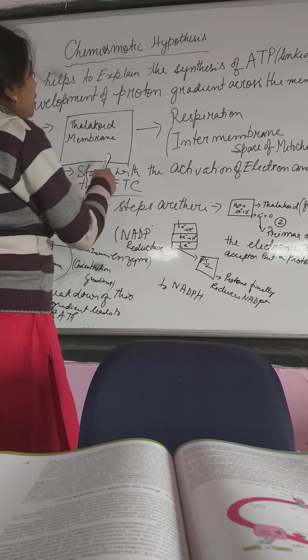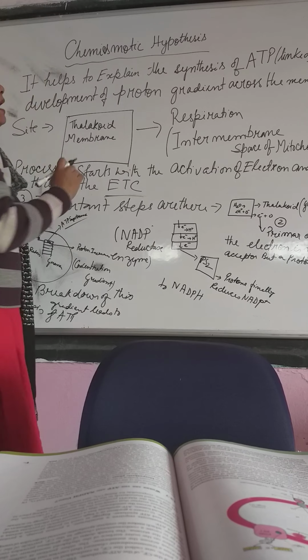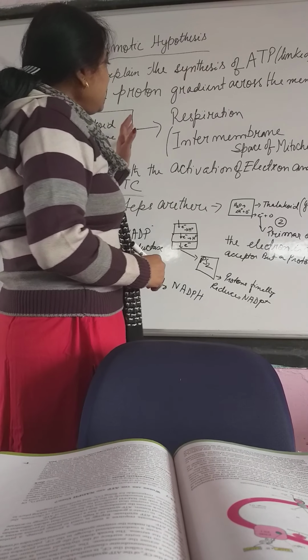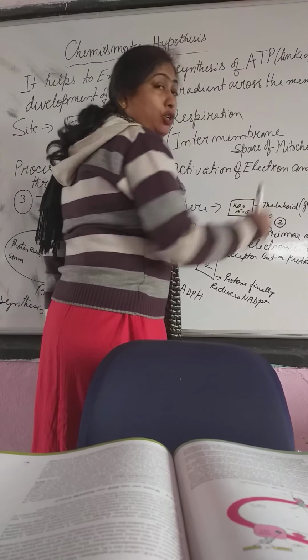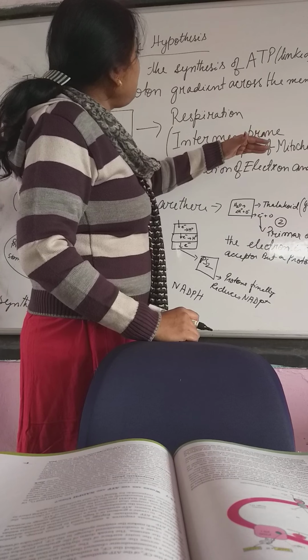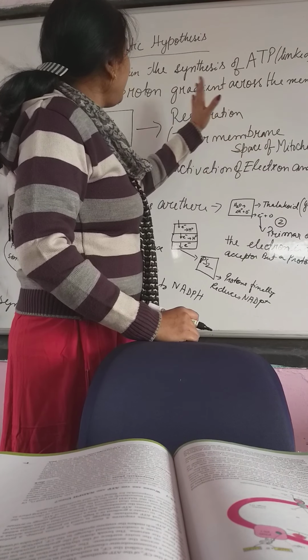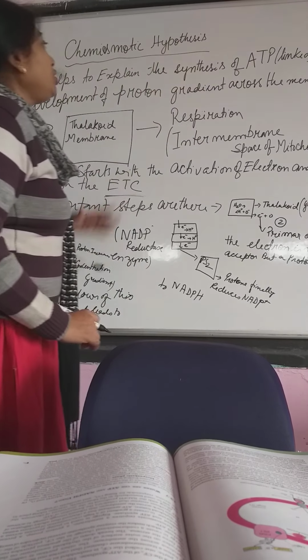Okay, so this thylakoid membrane is actually the site. But in case of respiration, the site is the intermembrane space of the mitochondria. That means the intermembrane space of the mitochondria is responsible for the chemiosmotic hypothesis or the production of ATP.